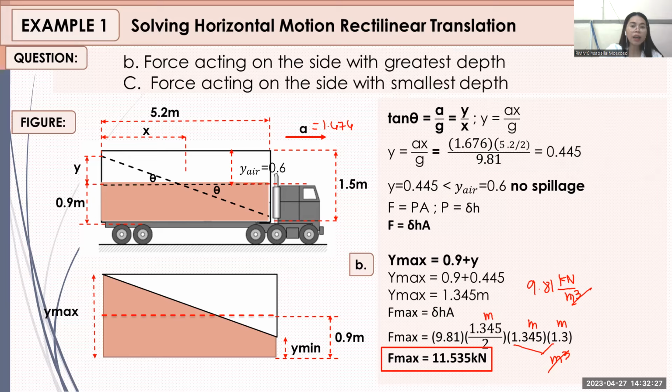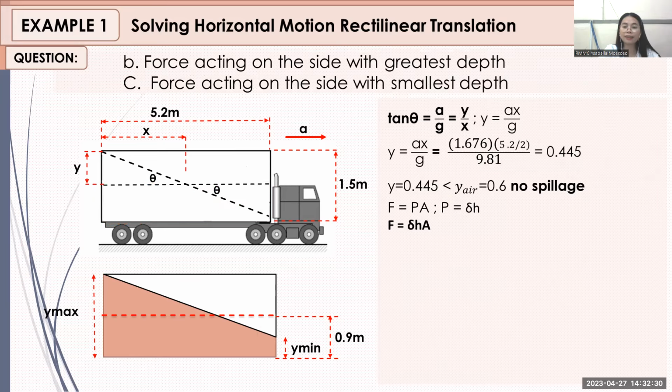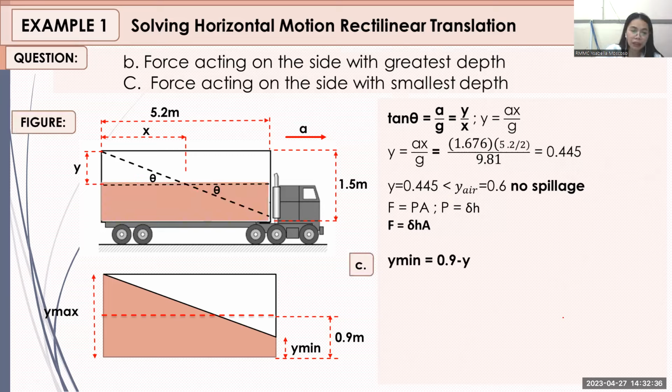Okay? How about for this smallest depth? Okay, kukunin lang natin yung value ng Y mean ninyo. Okay, so tama ba? Para makuha natin yung value ng Y mean ninyo, that is the total height of your water, 0.9, minus the value of your Y. Ito, Y mean to. No? Yan yung pagkabawas ng tubig natin, kasi yung tubig dito is napunta dito because of the acceleration. No?